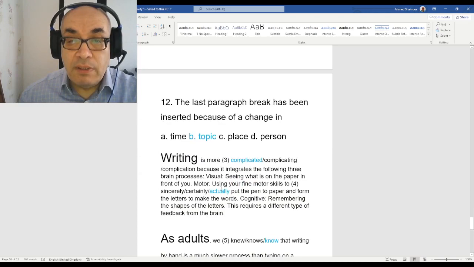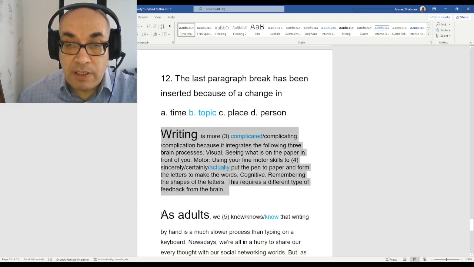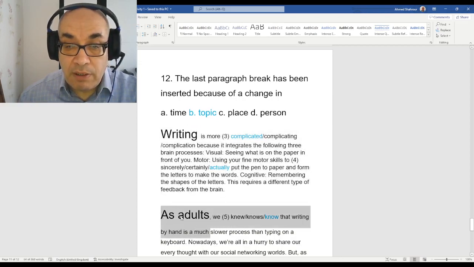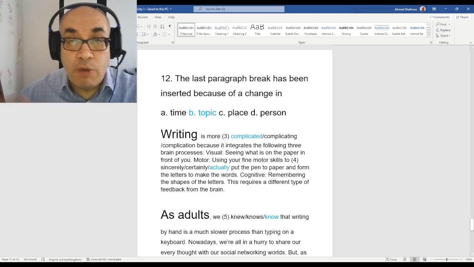Number 12, the last paragraph break has been inserted because of a change in time, topic, place, person. So this is the last paragraph. So you can see writing is more complicated, whatever. So this paragraph is about writing, this paragraph is about adults, so we have a change in topic.